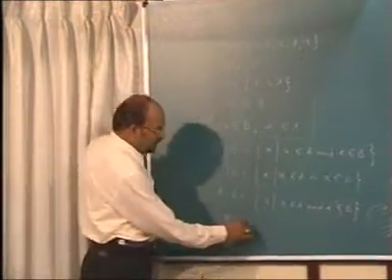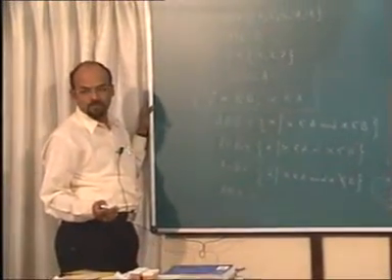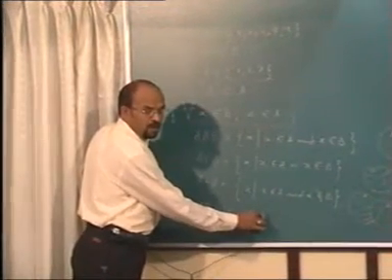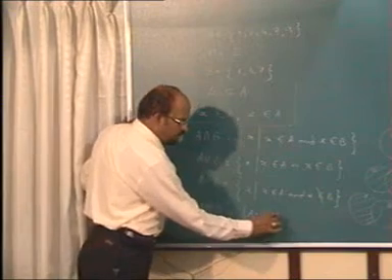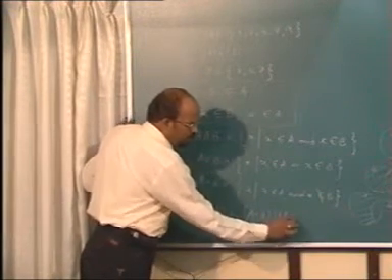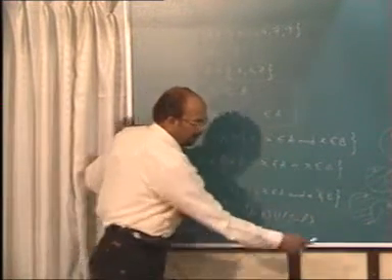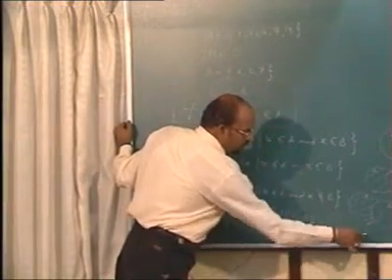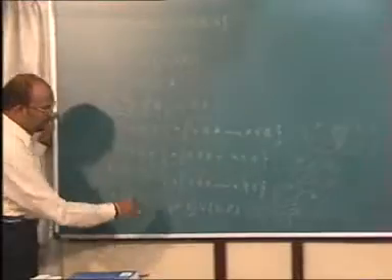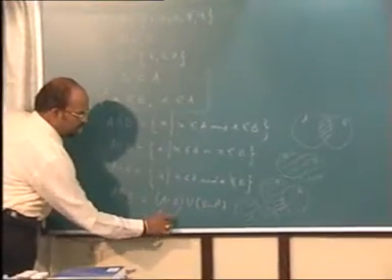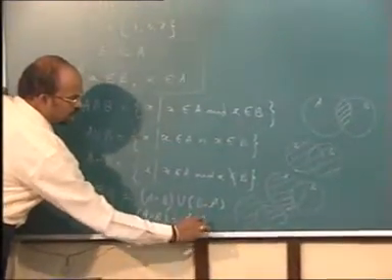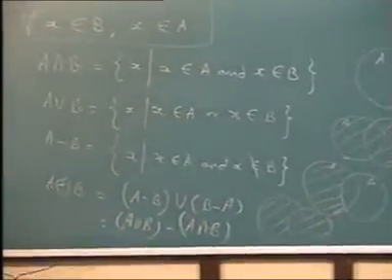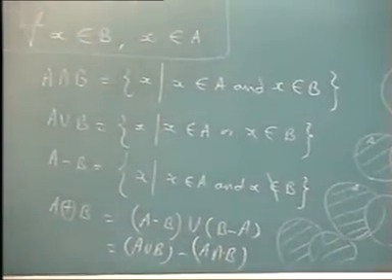The simplest way is, no, it's not plus, A minus B union B minus A. And diagram-wise, obviously it is this region and this region, not the intersection. The other way you can say it is A union B minus A intersection B. So far so good. Fine.